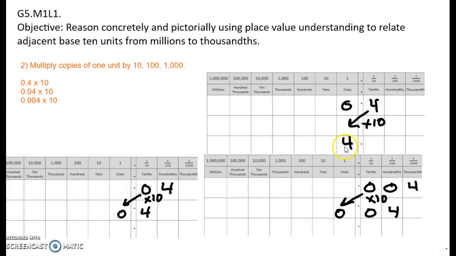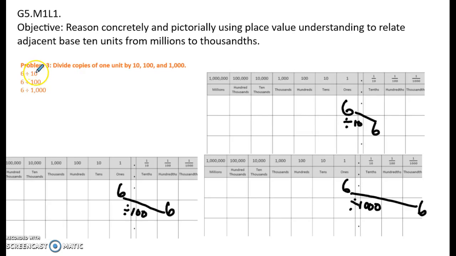Moving on, we now have 4 hundredths times 10, and 4/10 would be 10 times greater than 4 hundredths. And finally, 4 thousandths times 10, and 4 hundredths would be 10 times greater than 4 thousandths.